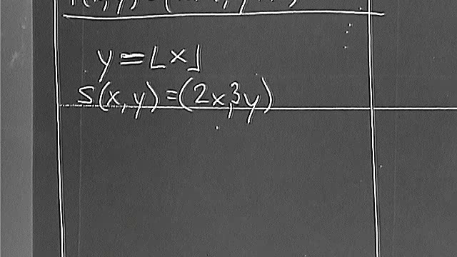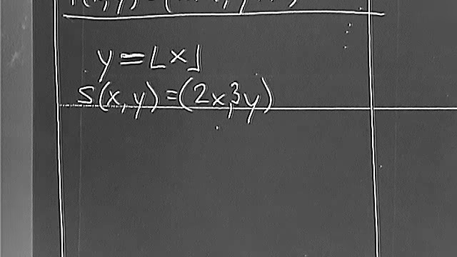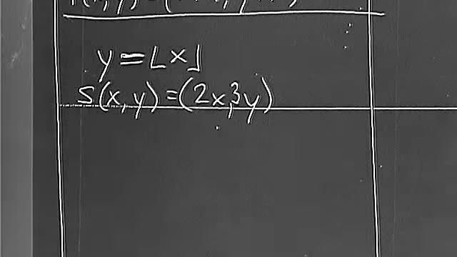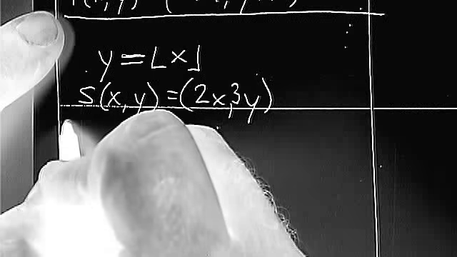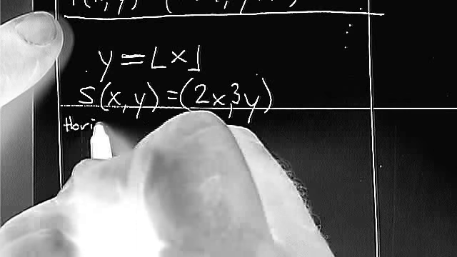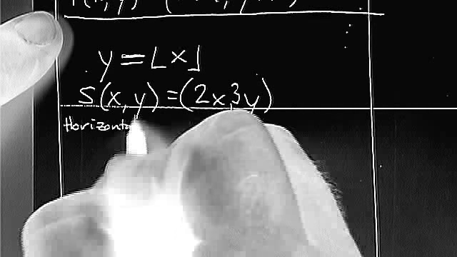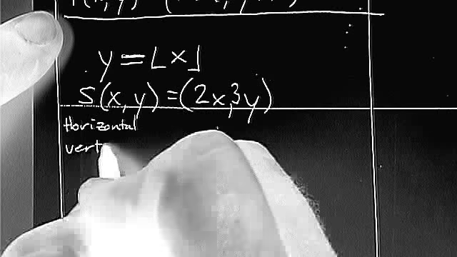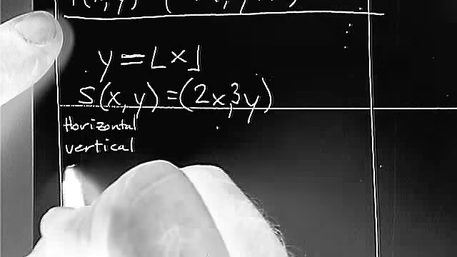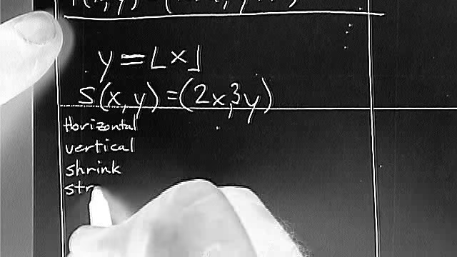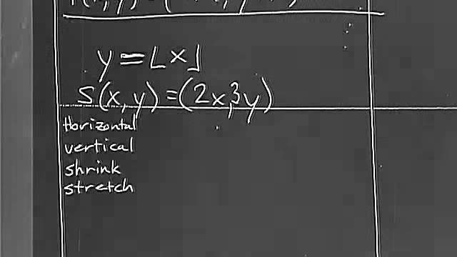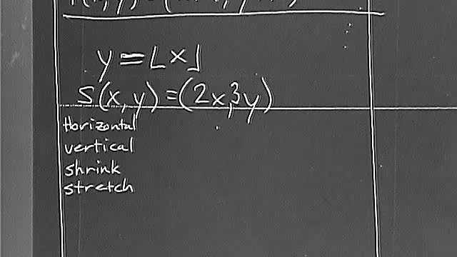That means we're doubling the x's and tripling the y's. What kind of words are we going to use? Like in translations, we use words like left, right, up, down, because those were the shifts. So we're going to use things like horizontal, vertical, shrink, stretch. Some combination of those will be used.